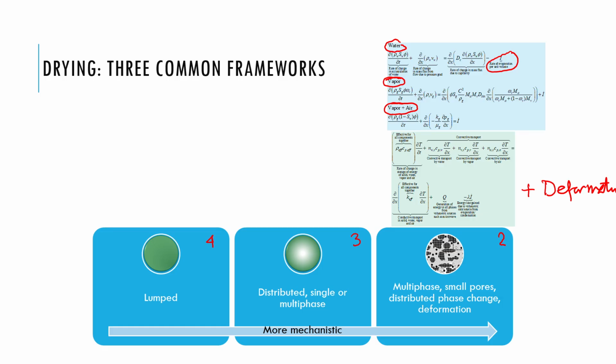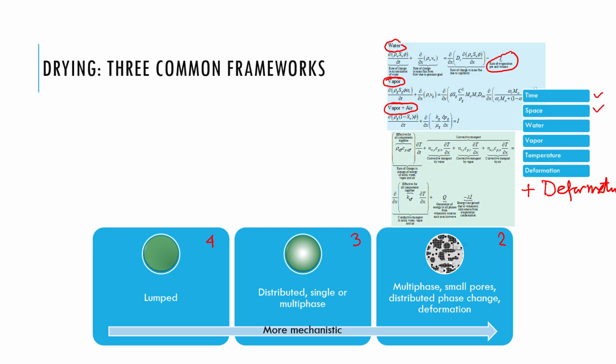So this is how we are trying to describe the drying process in the most comprehensive mechanistic way, and by doing that we can get a time variation and spatial variation of water, vapor, temperature, and also deformation.